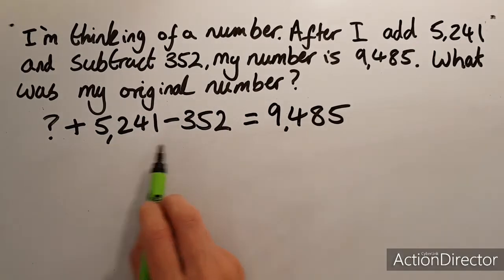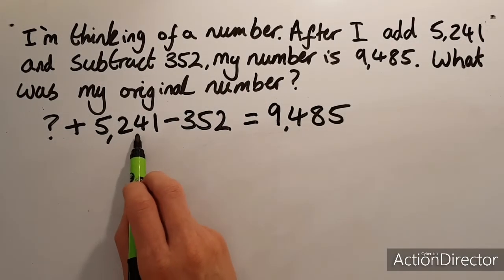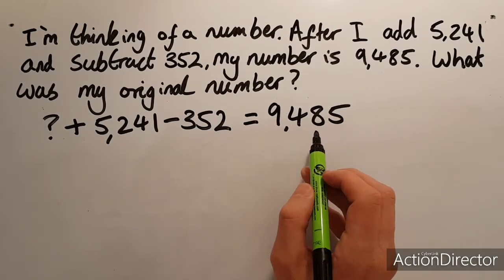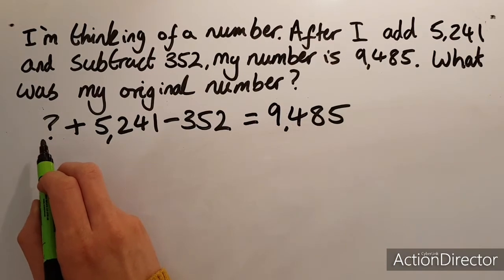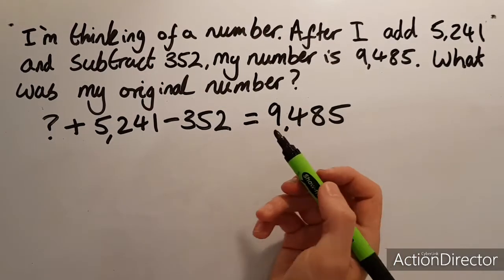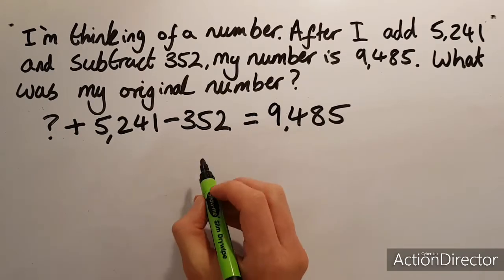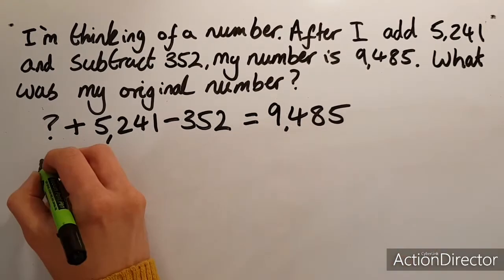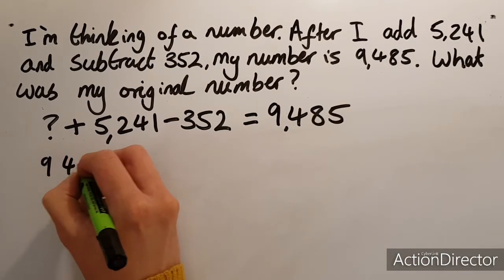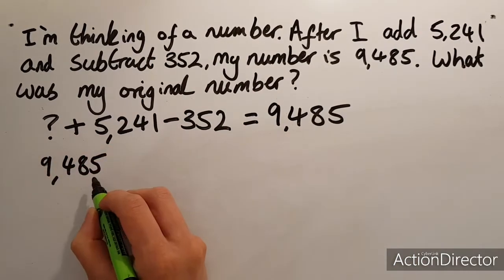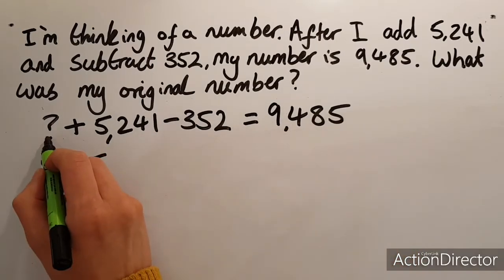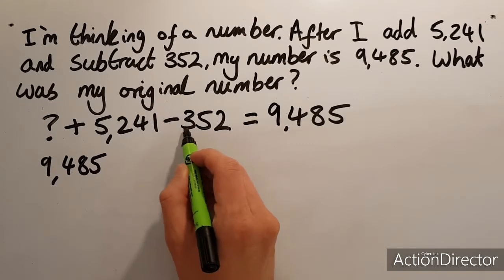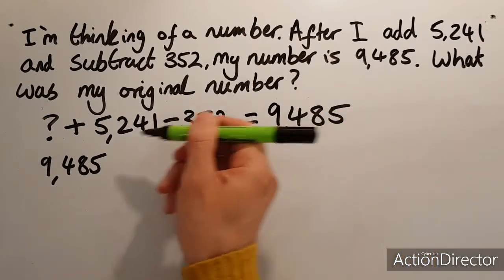So this is my number sentence: something plus 5,241 subtract 352 equals 9,485. But I want to know what this original number was. So I'm going to use the inverse. I'm going to flip this number sentence around. This time I'm going to start my new number sentence with 9,485. I'm going to work my way backwards now because this is the number I want to calculate at the end. So next I have subtract 352 because I'm working from right to left now.